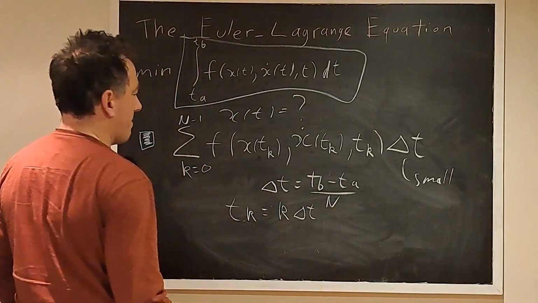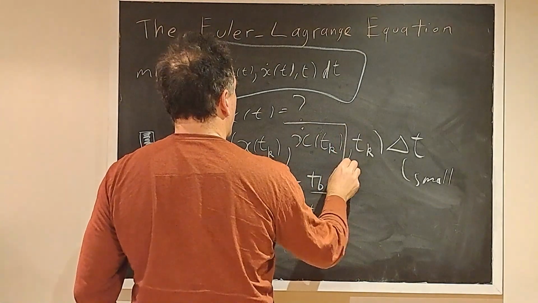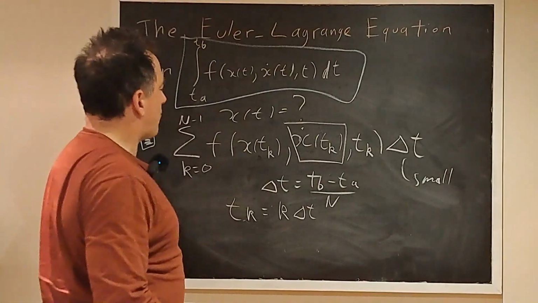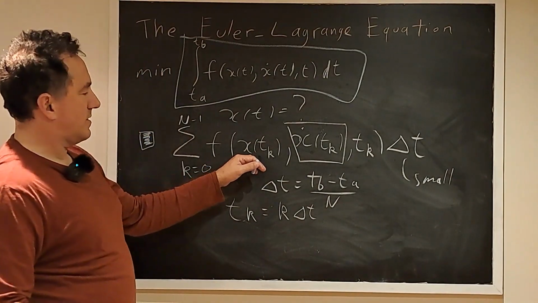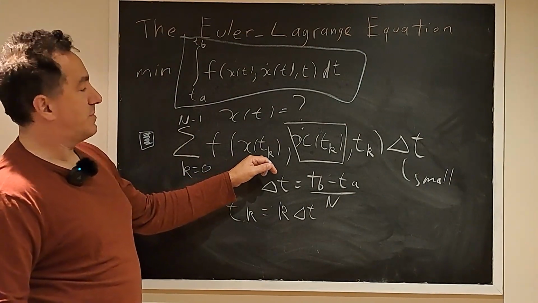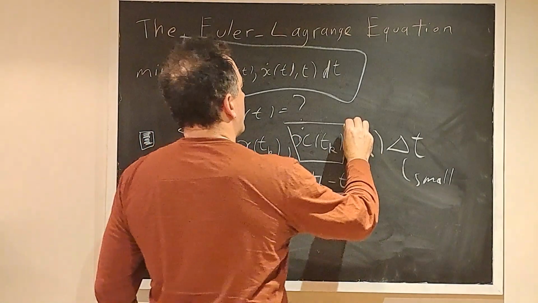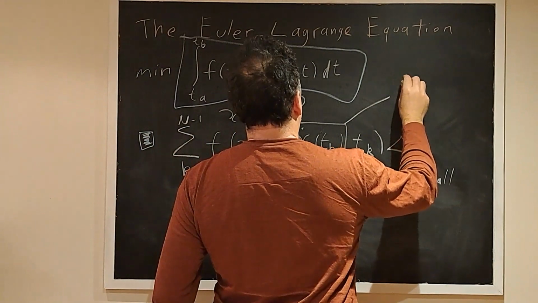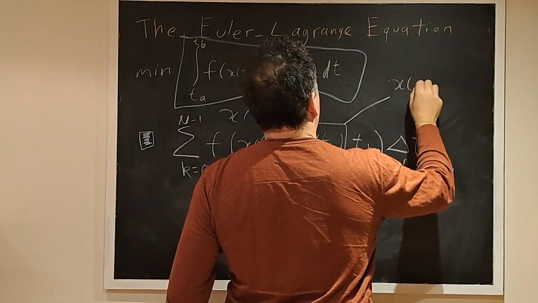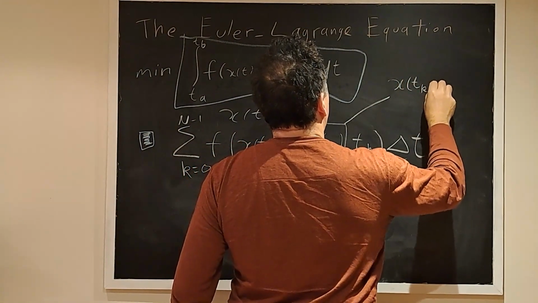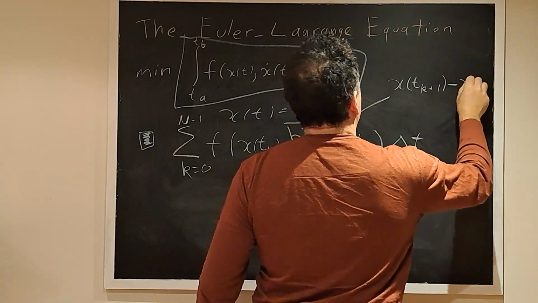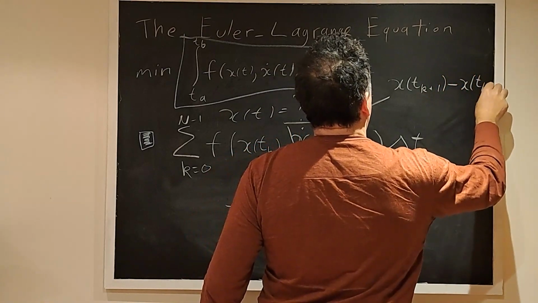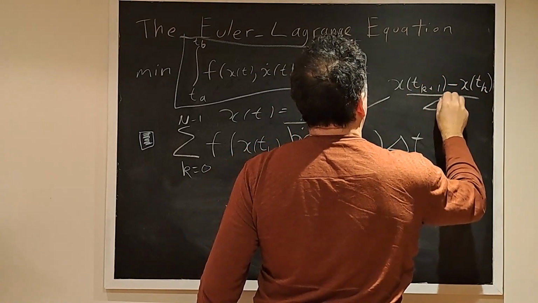Well, this one here we can express as a function of x at different times, because the derivative is equal to x at time tk plus 1 minus x at time tk, over delta t.